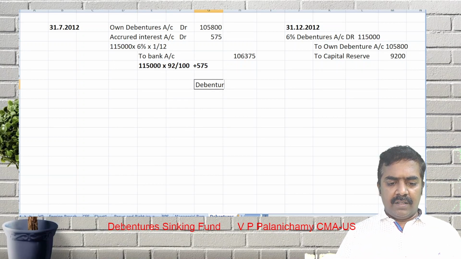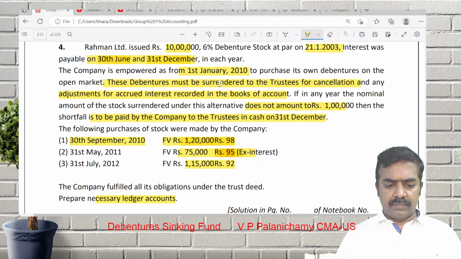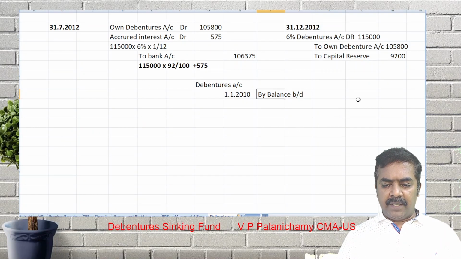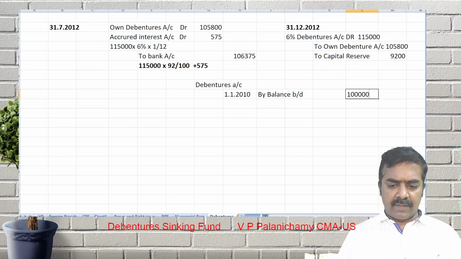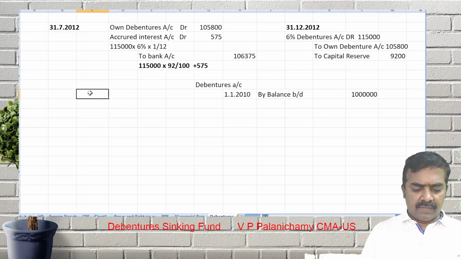Let us do the ledger account also, no issues. Start. Debentures account. First year for the 1/1/2010 done. Yes. By balance brought down. Starting 2010 ல பண்ணிருக்கான் அதனால rupees 10 lakhs. What is the face value rupees? 10 lakhs. End of the year ல journal entry pass பண்ணிருக்கோம் பாருங்க. 31/12/2010 to own debentures.